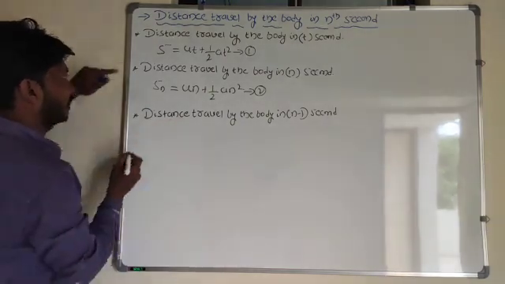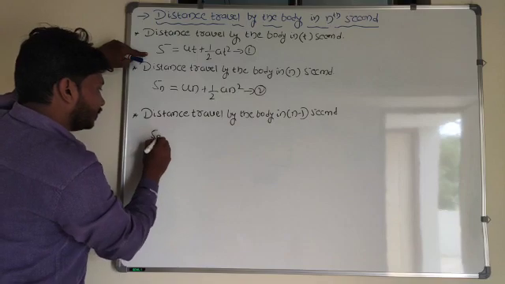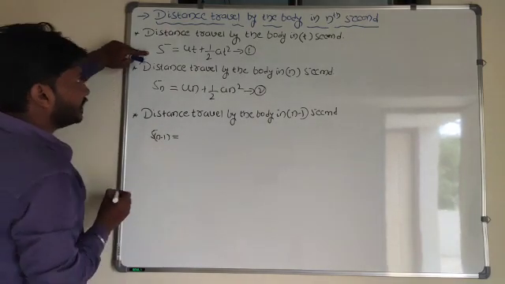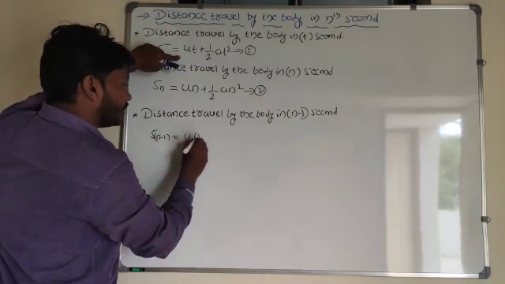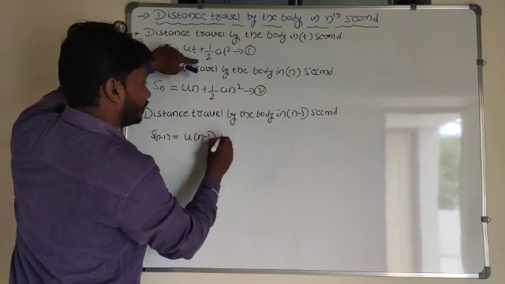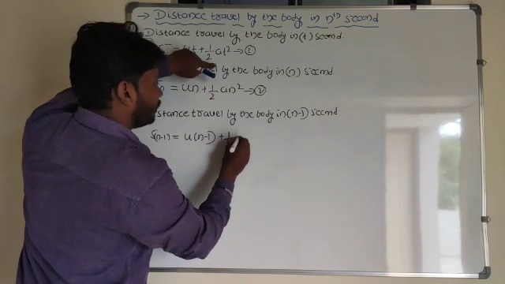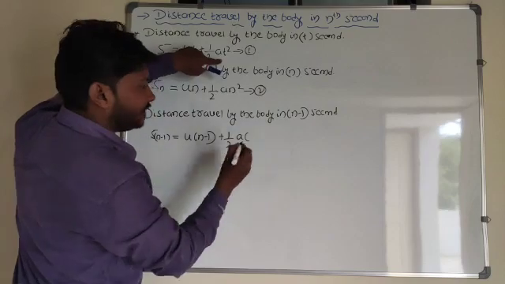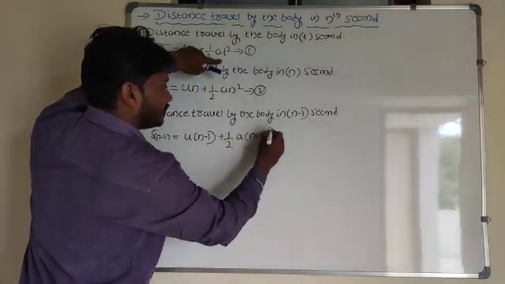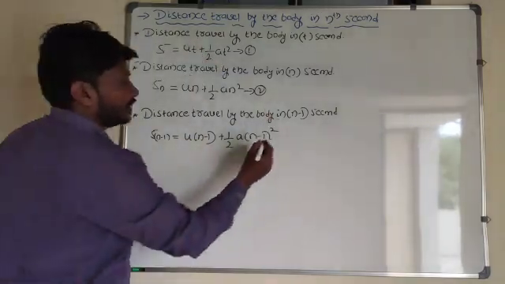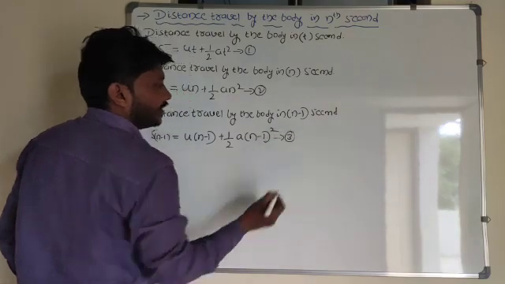So n minus 1 means, wherever t is there, in that equation we will take n minus 1 here, plus half of a into n minus 1 here. So this is equation 3.